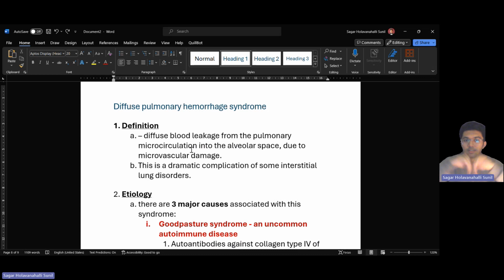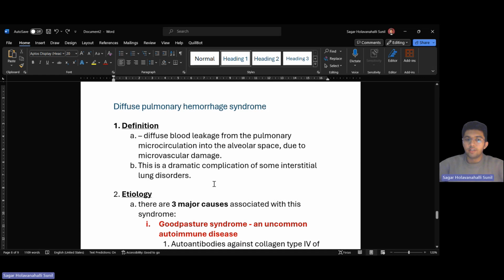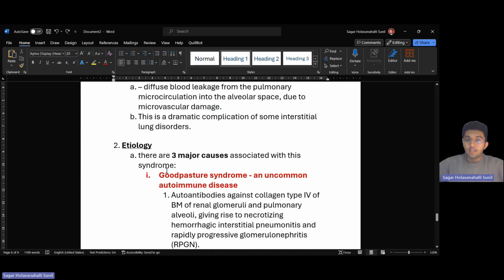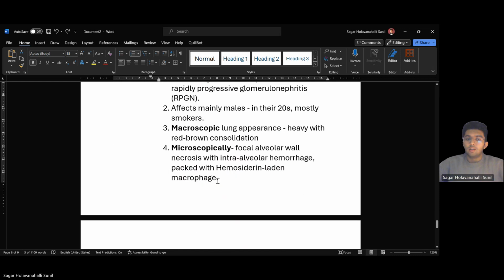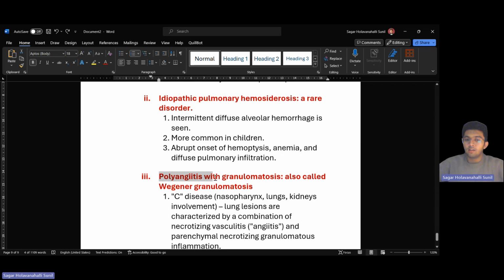And if it's diffuse, then it's a large amount of damage, which probably means that the blood is going to leak out, a diffuse blood leakage. And that's also why it's called hemorrhage, right? Then you identify that you have damage to the walls and diffuse blood leakage. What could be the causes? Goodpasture syndrome, idiopathic pulmonary hemosiderosis, and a necrotizing vasculitis called polyangiitis with granulomatosis.